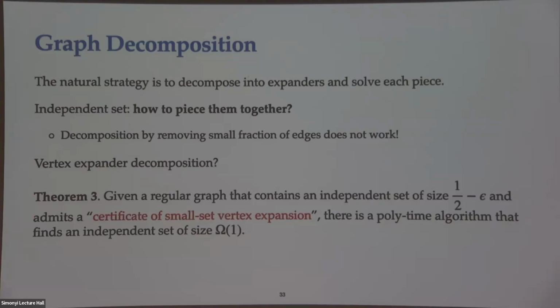I remember earlier you mentioned that there's some hardness against finding large independent sets in graphs that have independent sets of size 1/2 minus epsilon. Does that mean that you shouldn't be able to find vertex expansions that are too good? Yeah, exactly. So constant size is ruled out for arbitrary graphs.